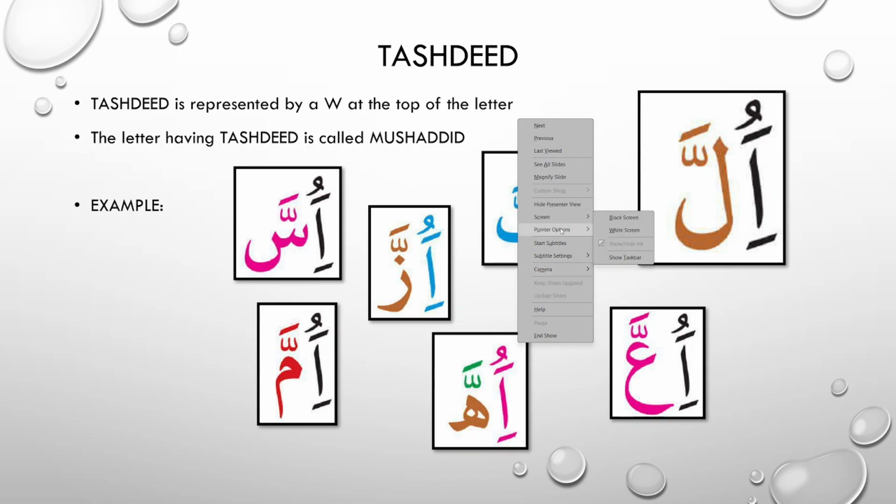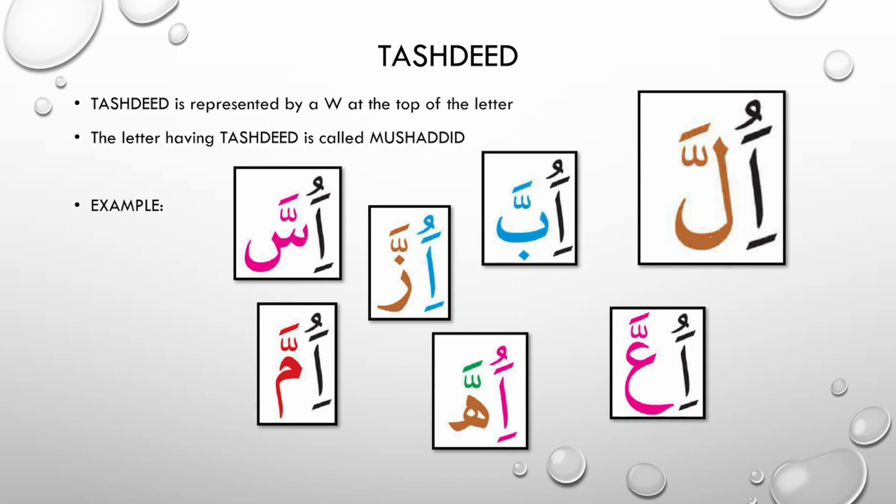So we recite it as Allah. So we are combining Alif and Lam. Al. Now let's look at this example. This is Alif with the Zabar. Then we have Lam with the Jazm. Then we have another Lam with Zabar.